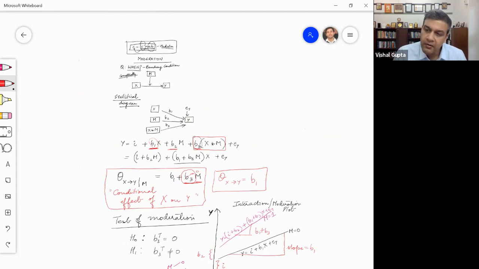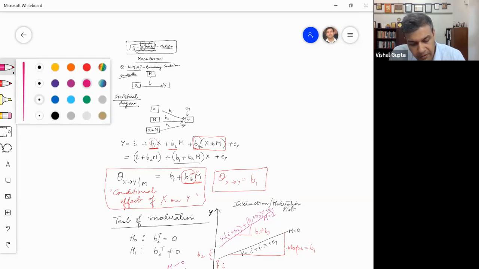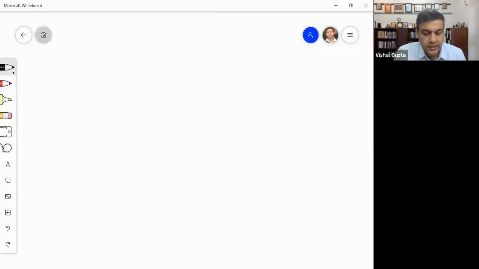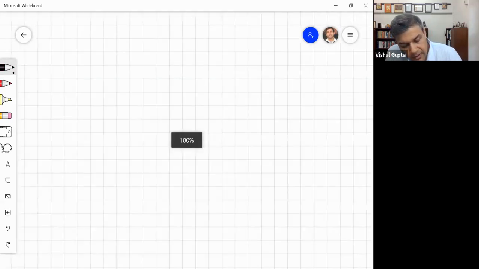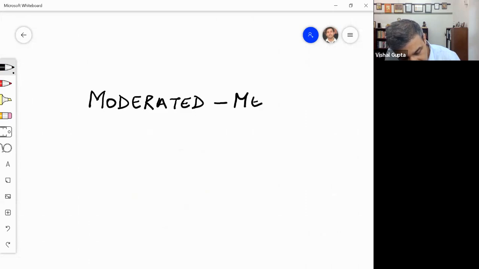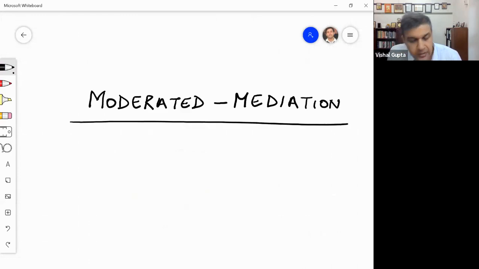Now, with this background, with this foundation, let us come to the idea that we are all here for, which is the combination of these two terms and these two ideas, which combined today in research are called moderated mediation. Understanding mediation and moderation is important in order to understand this term, moderated mediation.